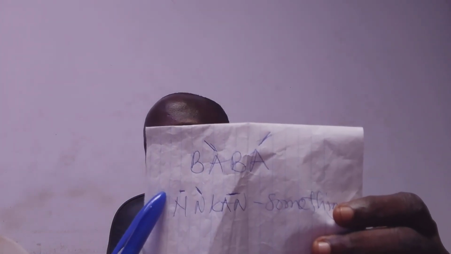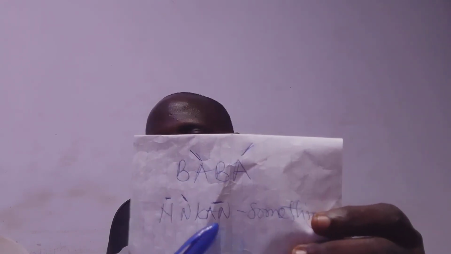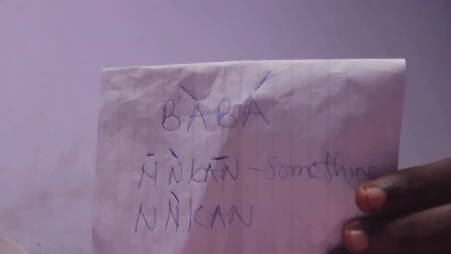In the old Yoruba version, we write it like this: re, do, re, nǹkan. But in the standard Yoruba, it will not show at all. It's only do and mi that will be shown on our words.